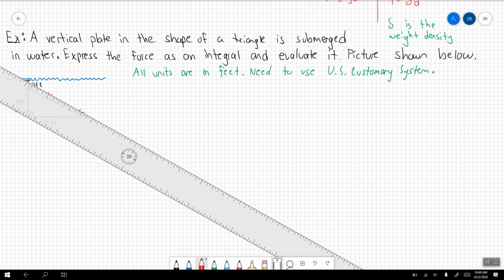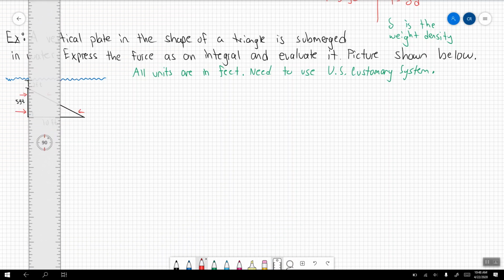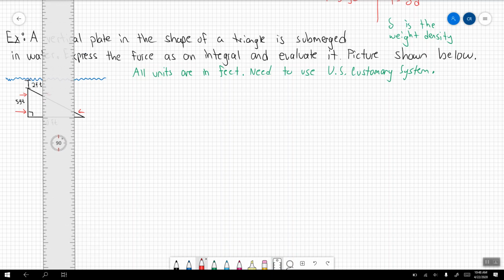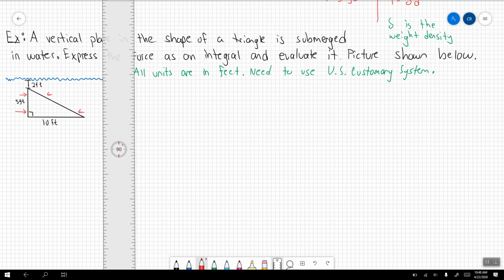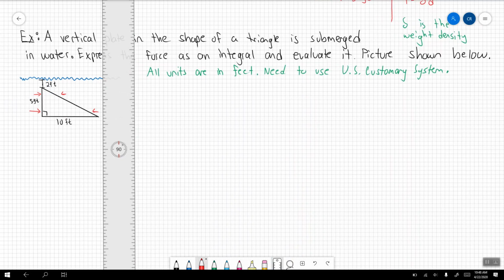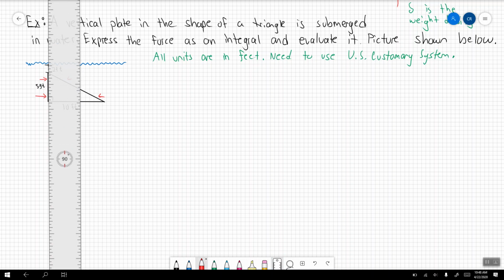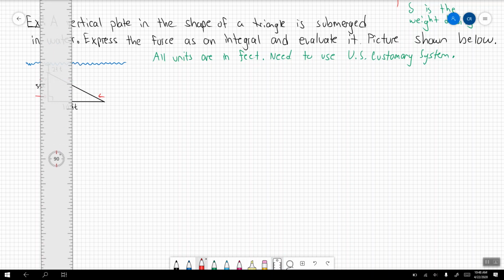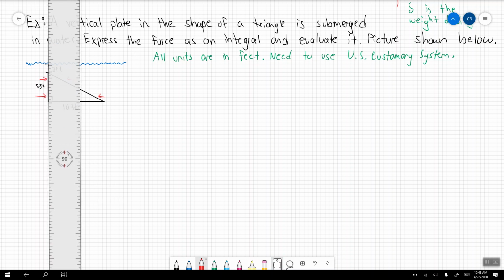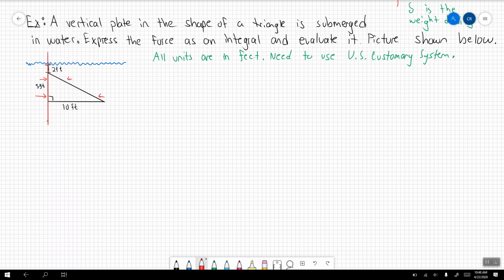Would you all agree with me to say that this object is being submerged downward? If yes, then that's awesome. So I'm going to create an axis and center my axis here. So this is my axis.